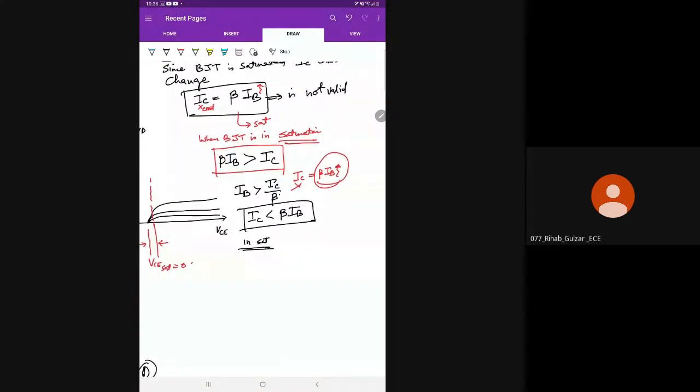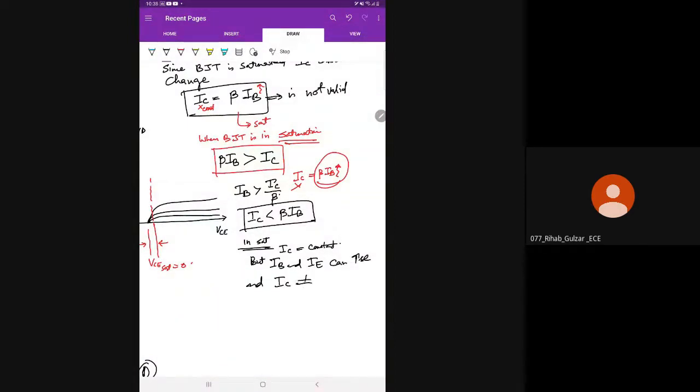In saturation region, IC is constant. But IB and IE can change, can increase.